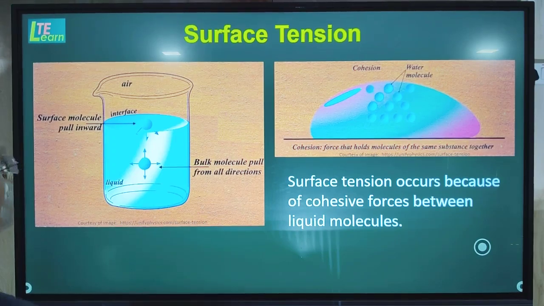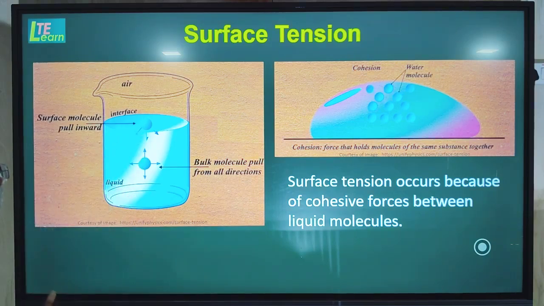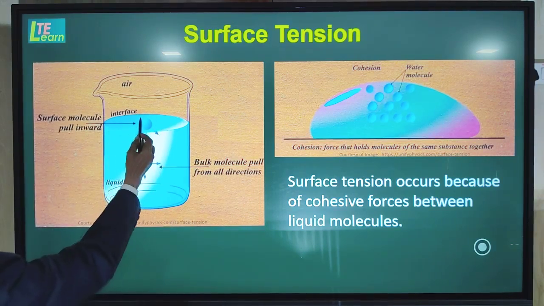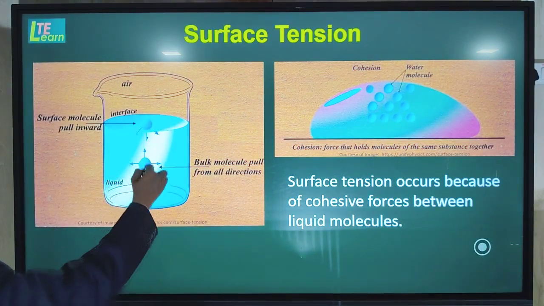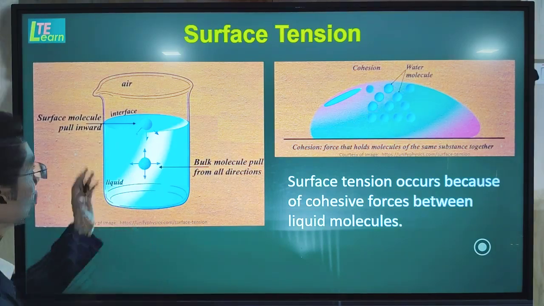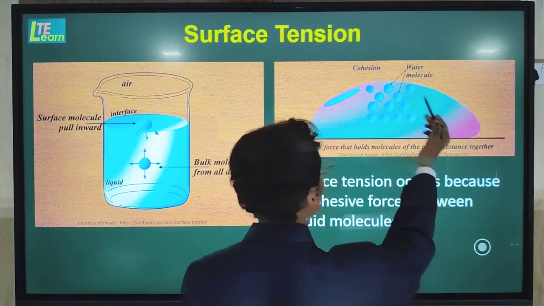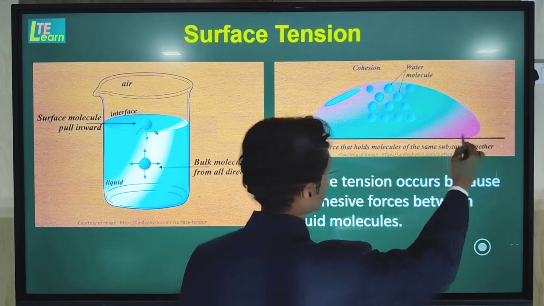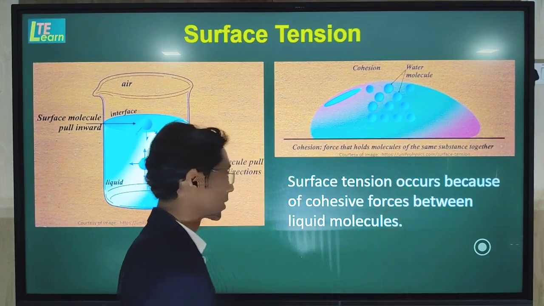With the help of this image we can understand surface tension better. Here we see water placed in a flask. This is the interface above which air is present and below which water is present. This water is composed of a number of molecules. Here is one more diagram: a single droplet of water placed on a horizontal surface, composed of a number of molecules.